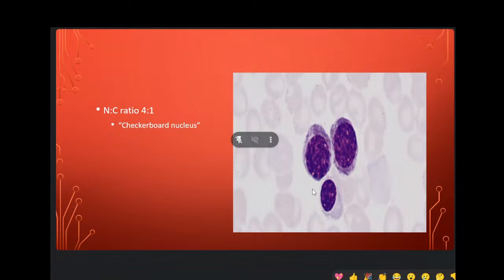Go on, Patrick, you again. 11. What about the one on the upper right? Upper right corner. Can you still see the Golgi apparatus?